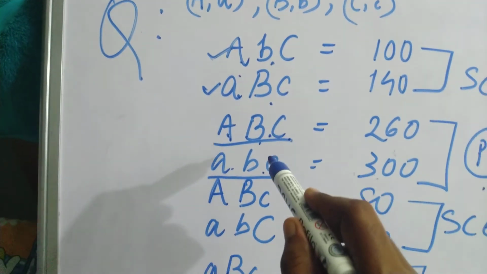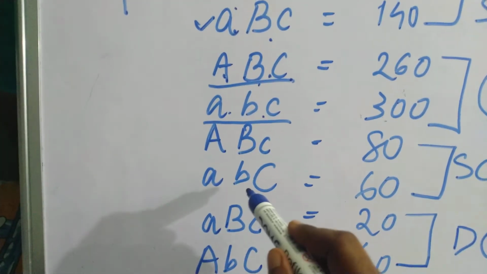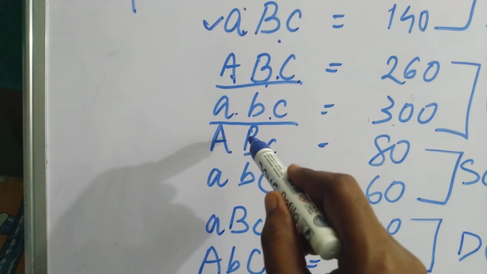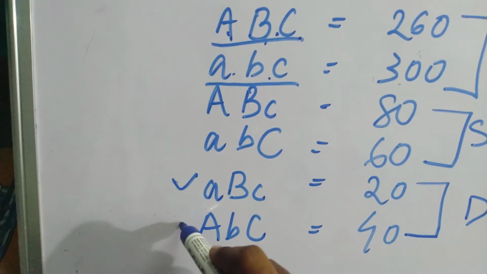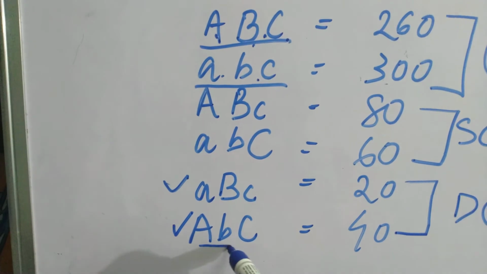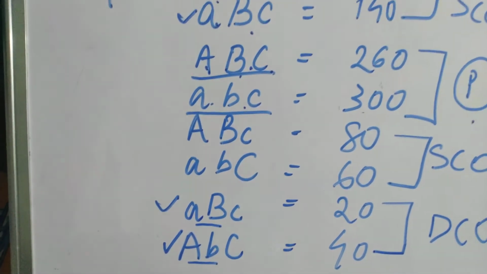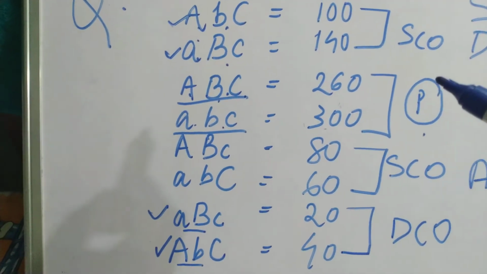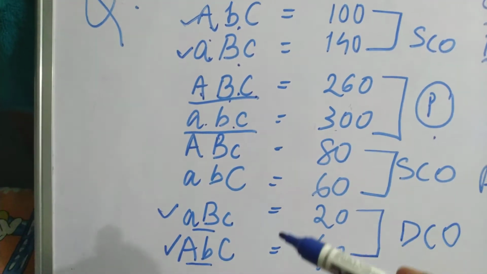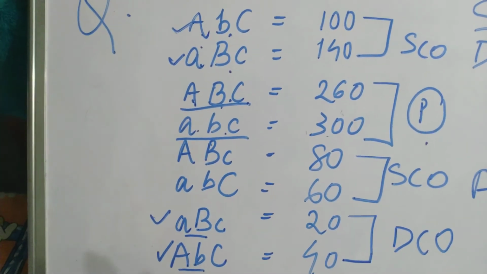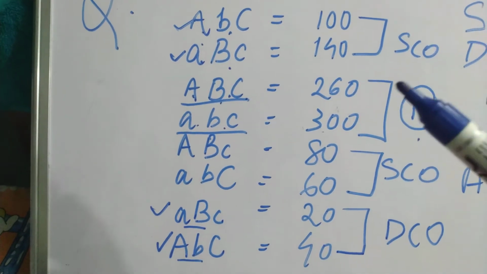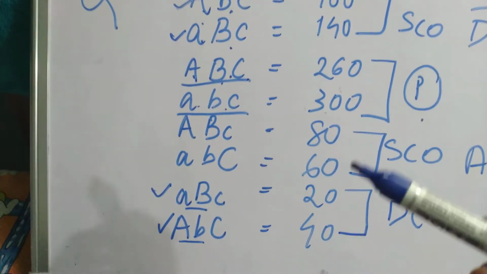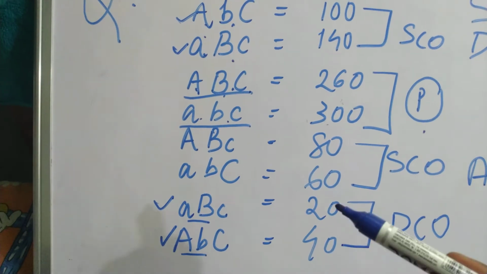Like this you can check. This is also parental, capital AB, yes. So just sum all the values of the ticked marks, first, second, third and fourth: 100, 140, that is 240, 20 and 40, 60.